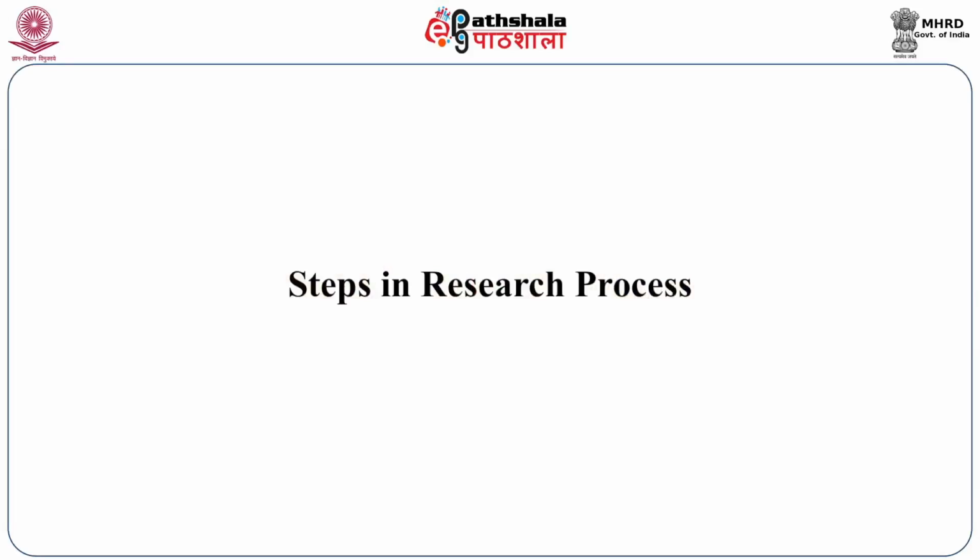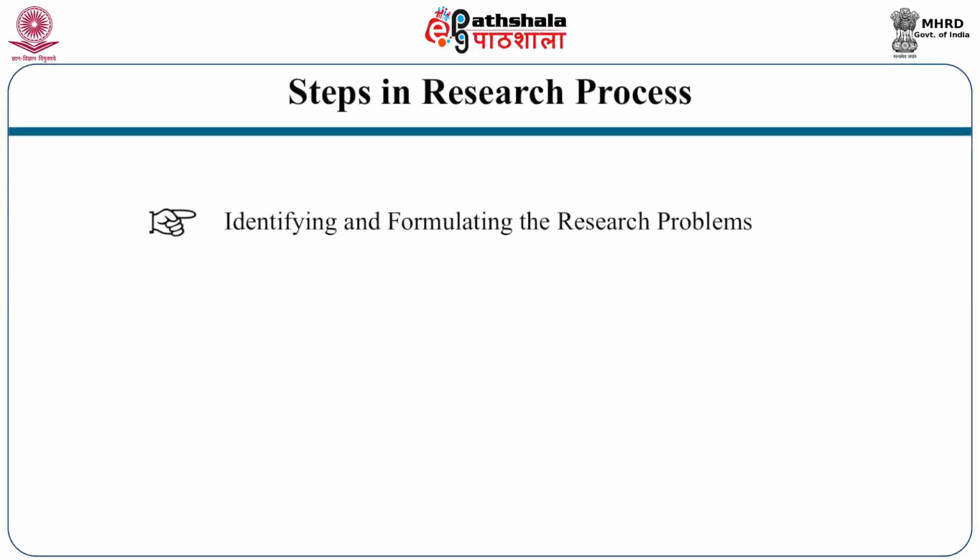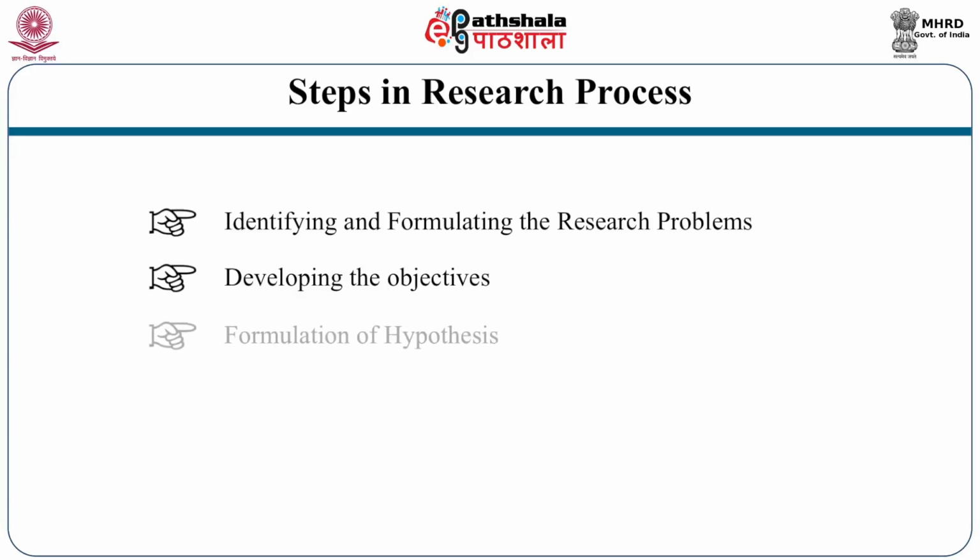Steps in research process. In any research, the following steps are involved. First, identifying and formulating the research problem. Second, developing the objectives of the research. Third, the formulation of the hypothesis. Fourth, literature review.